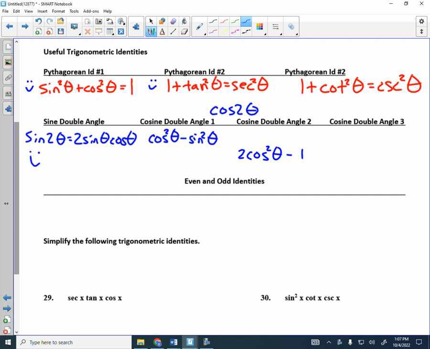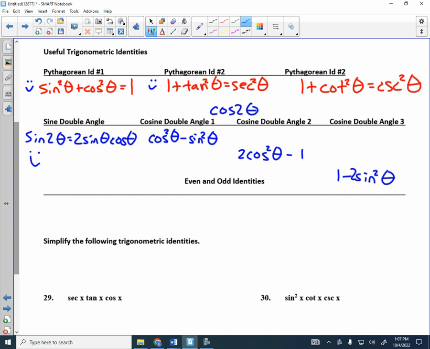And another one that's used is 1 minus 2 sine squared of theta. You do not have to remember the cosine double angle formulas. You do need to remember the sine double angle, the Pythagorean 1 and the Pythagorean 2. Okay? Just want to be transparent.